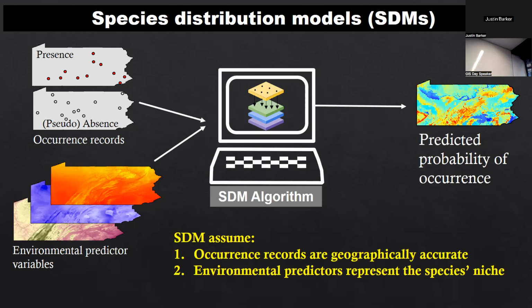However, these models assume that the occurrence records are geographically accurate and the corresponding environmental predictors describe the niche of the species being examined. This is where data quality comes in. If either of those assumptions is invalidated, the resulting model output is potentially unreliable and inaccurate. And this is a very common case in many different species.